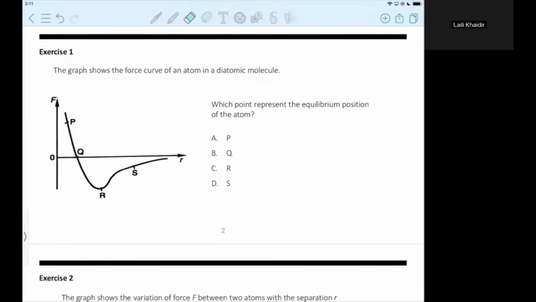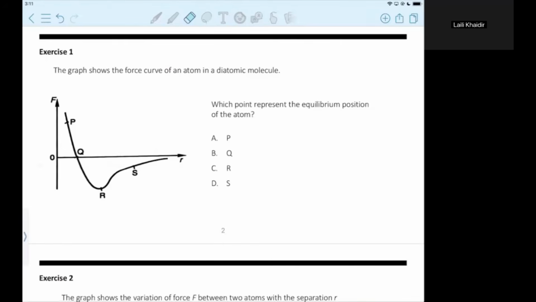Okay, question number 1. This is a graph of force versus distance between atoms. The question would like us to find the equilibrium position between the atoms. We understand that the atoms experience equilibrium position when there is no net force acting on them.